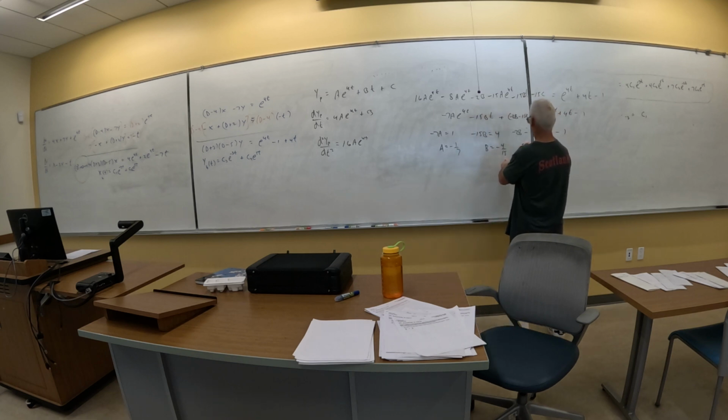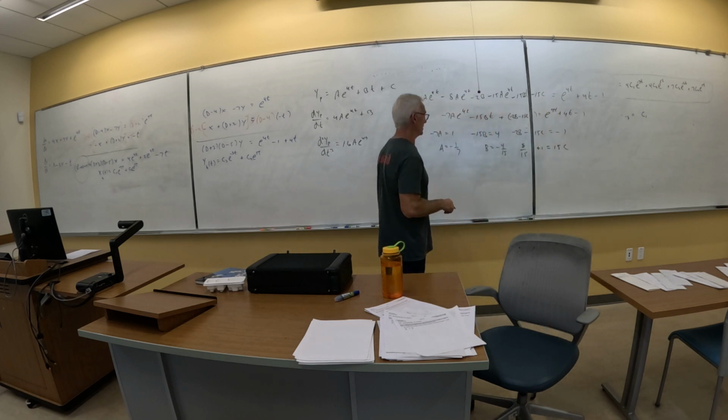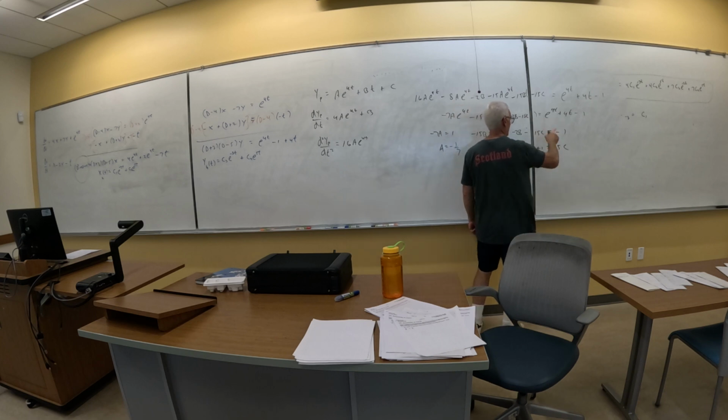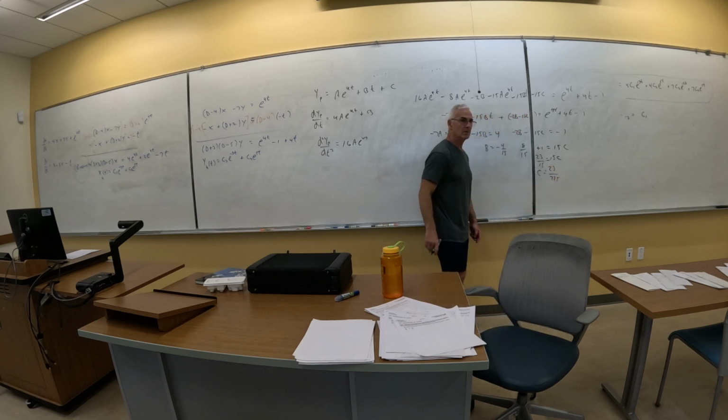So that would be 8/15 plus 1 equals 15c. Let me just rearrange it a bit. So that would be 23/15 equals 15c. So c is 23 over 225.